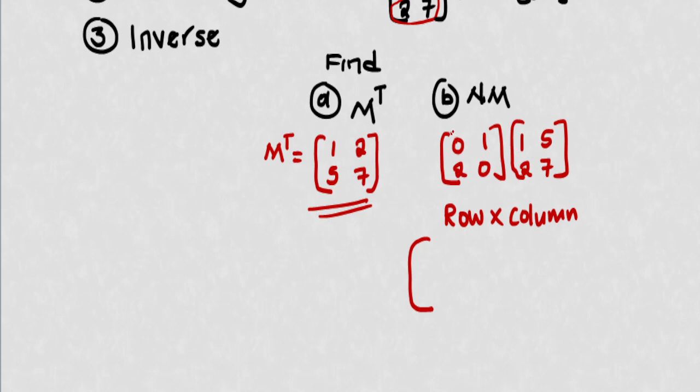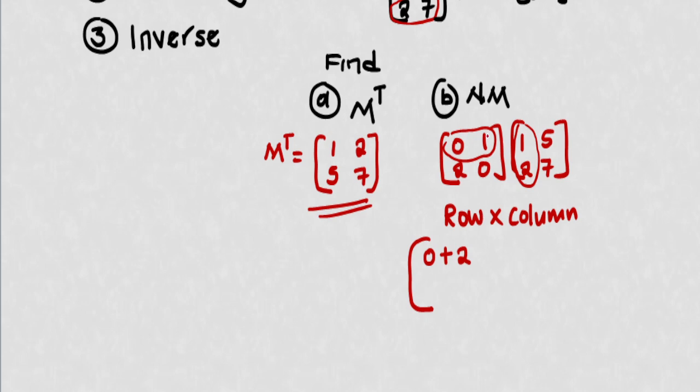This is our first row, and this is our first column for the second matrix. So 0 multiplied by 1, I'll get 0, then plus, 1 multiplied by 2, I'll get 2.